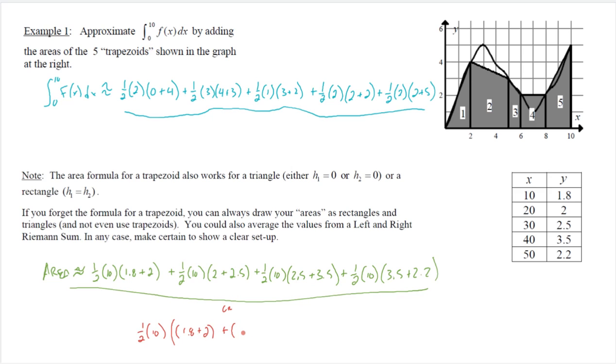And all you would be worried about is the y values for each of the two sections. And so in this case, we've got something that looks like this. So this would be an alternative way of writing it. You need to make sure you get the correct y values when you're putting this together. And if you're putting this in the calculator, again, it looks a little bit shorter. Basically, you factored out the 1/2 and the 10 from each of these.